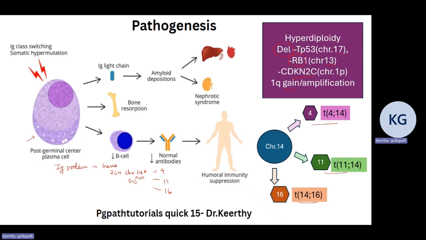So it will go and deposit in the various organs, like in the kidney, it will cause cast nephropathy. In the liver and heart, it will cause amyloidosis. And this will activate your osteoclasts, leading to bone resorption, leading to fracture and excessive serum calcium levels.